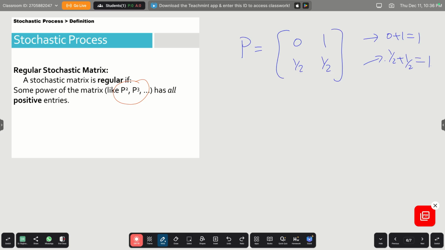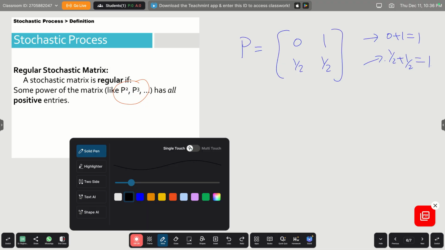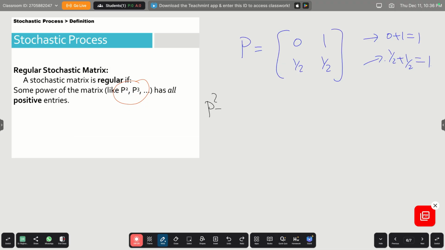So in P, I am seeing a 0. All the entries are not positive. So let me try for P square. How to get P square? P square is actually equal to P multiplied by P. So this is 0, 1, 1 by 2, 1 by 2 multiplied by 0, 1, 1 by 2, 1 by 2.